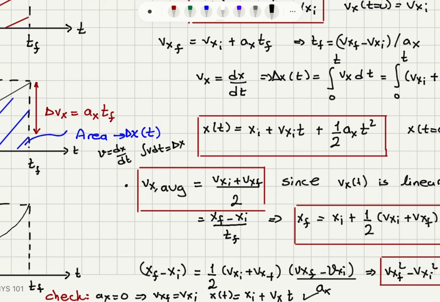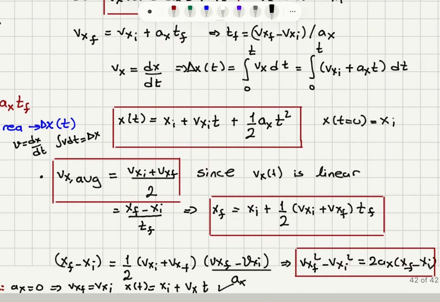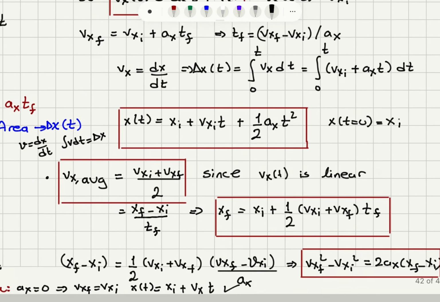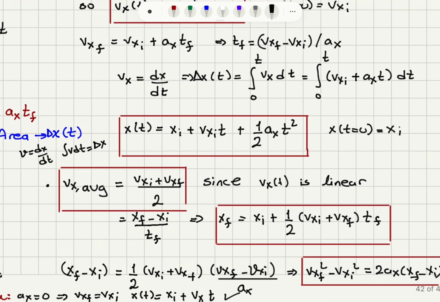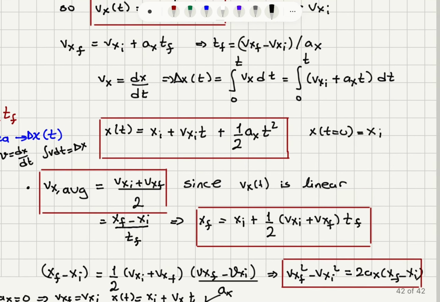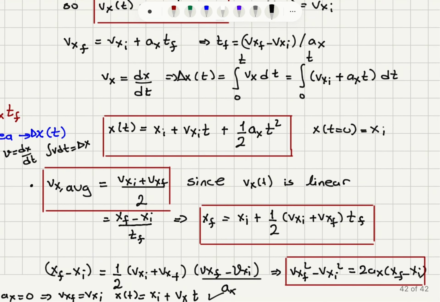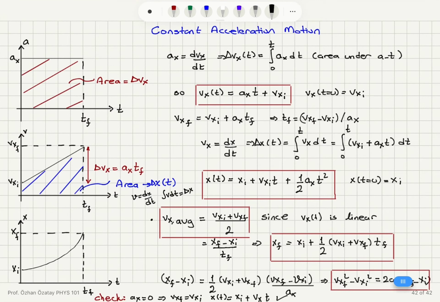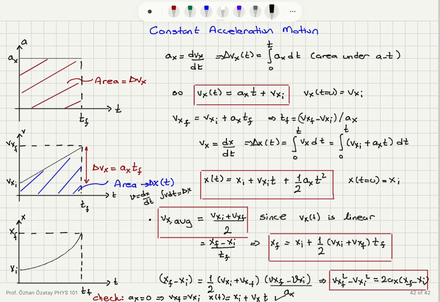So if you check this result for zero acceleration, if Ax is equal to 0, this tells you that Vx final must be equal to Vx initial. That's what this equation suggests. And you have xt equal to x initial plus Vx times t. So basically we recover the constant velocity motion situation.